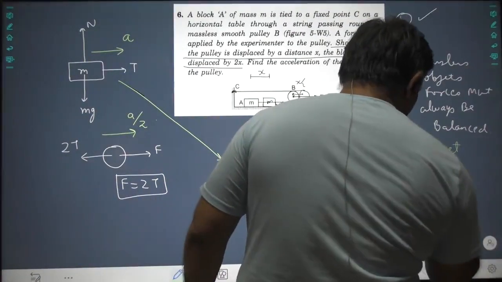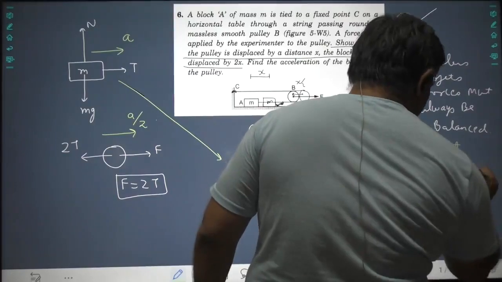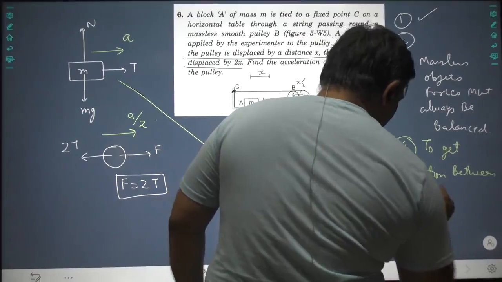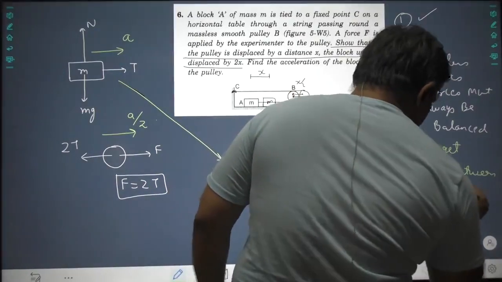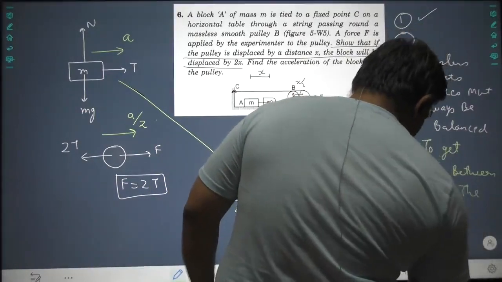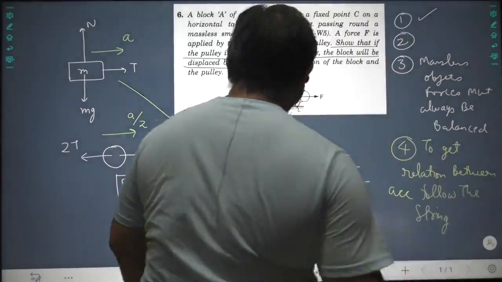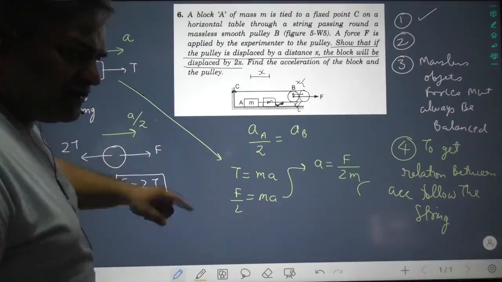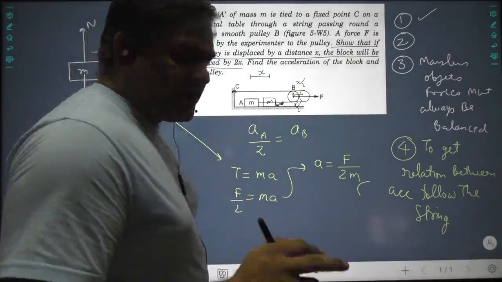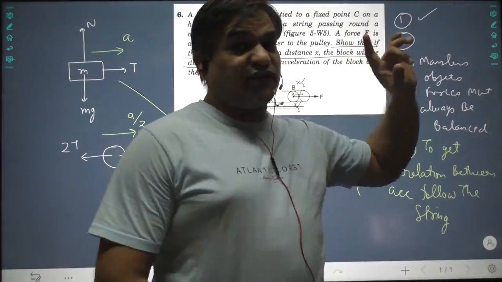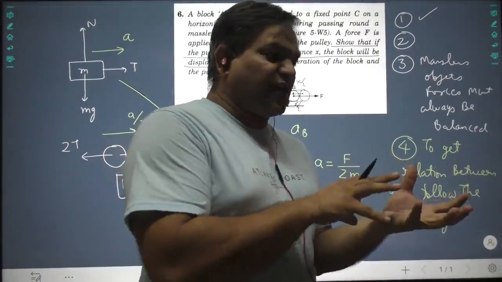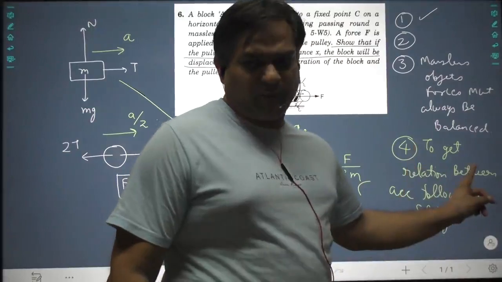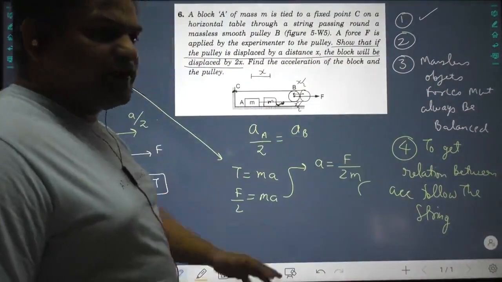Writing down forces is one thing and writing down acceleration is another thing. There are two things that you have to do. Writing down forces is simple, but what object is having what acceleration, that you have to follow the string part properly. Are all the 4 points clear to you all?